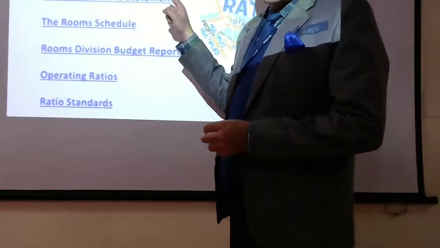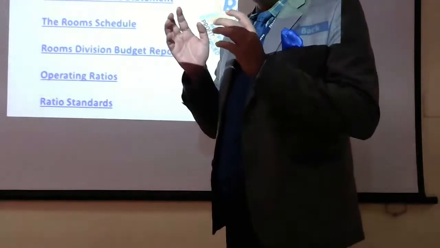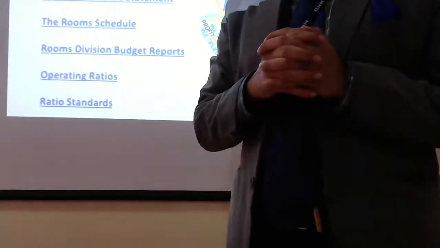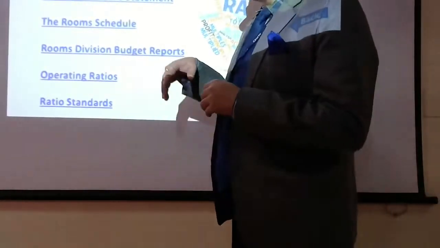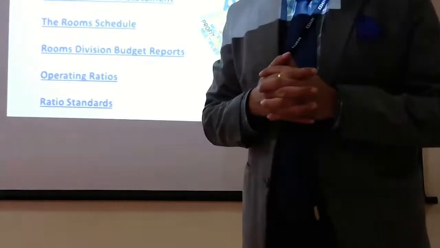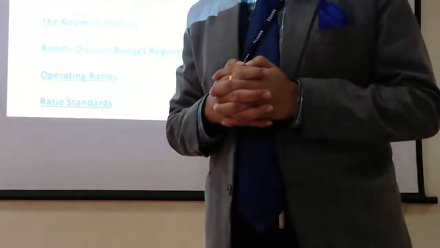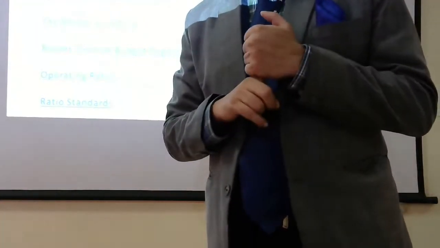Now, this hotel income statement is a little bit different from the room revenue analysis. When we did budgeting, if you remember, we had done the room revenue analysis. We had checked that these are our revenue streams, found out that these are our expenses, and this is the net income from our department, and then we did variance analysis.